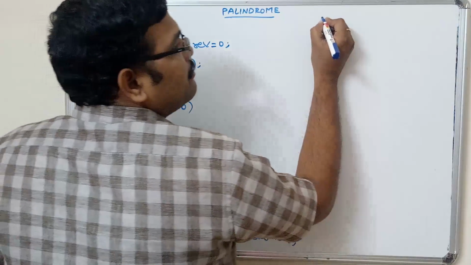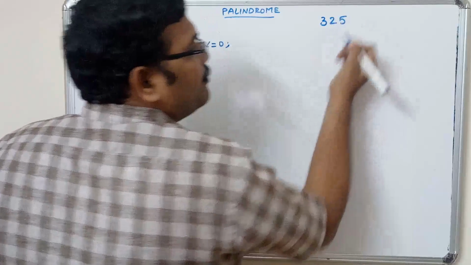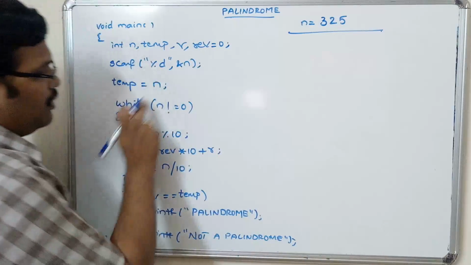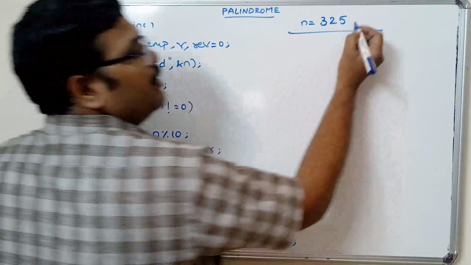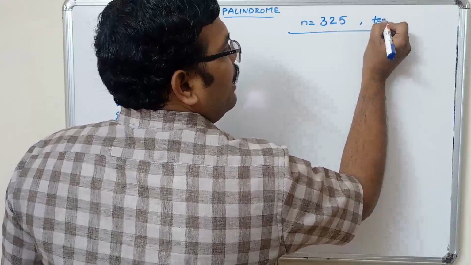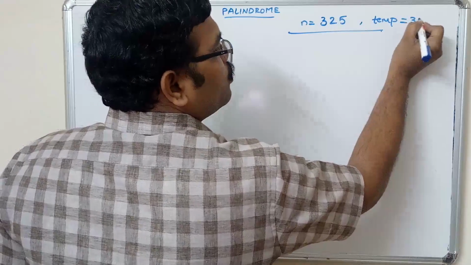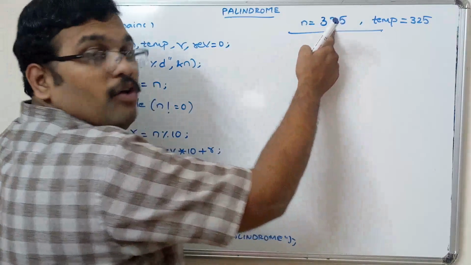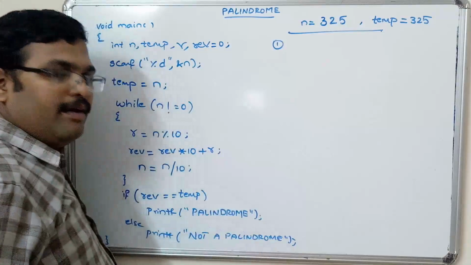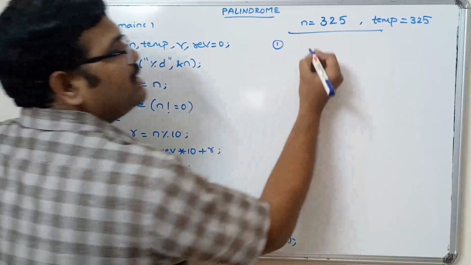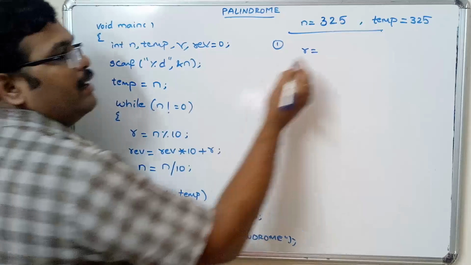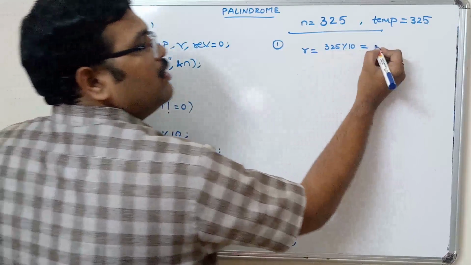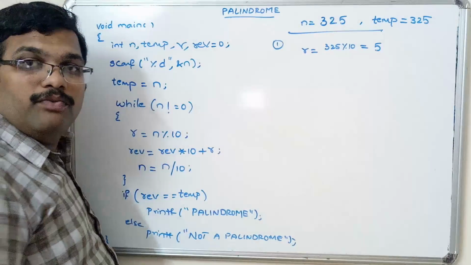So if you take some number, 325, as n, then temp is equal to n, so here I am assigning the same value to temp. Next, while n not equal to 0, 325 not equal to 0, so the first iteration will start, and control will enter into the loop. r is equal to n mod 10, that means 325 mod 10, which is equal to 5, so r is equal to 5.